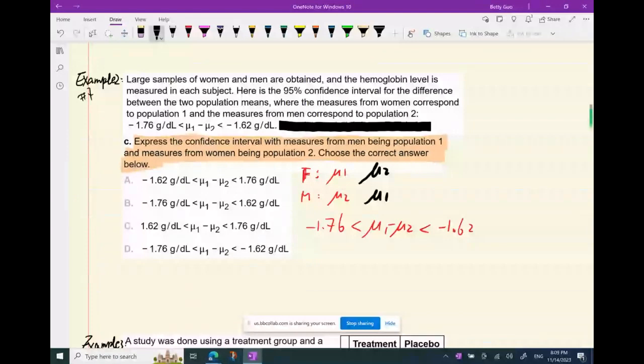So the question wants us to find the confidence interval for mu2 minus mu1.